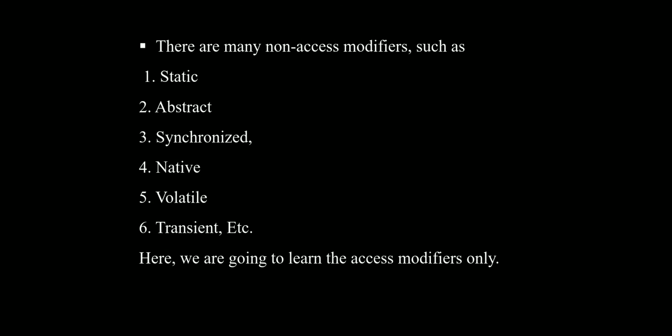And there are many non-access modifiers. Now we discussed the access modifiers. Those are public, protected, private and default. Some non-access modifiers are static, abstract, synchronized, native, volatile, transient, etc. These are the non-access modifiers.